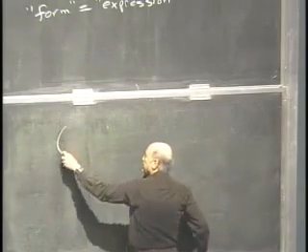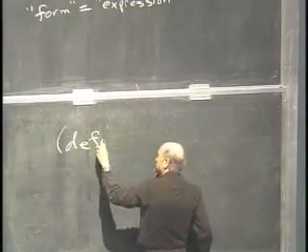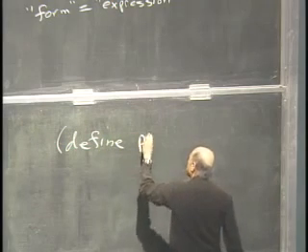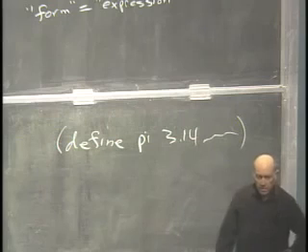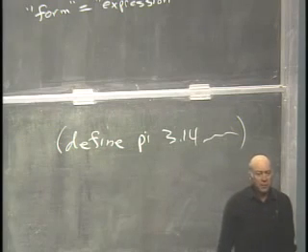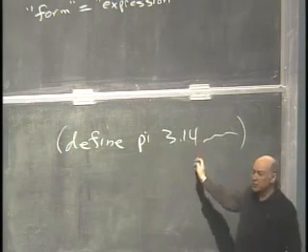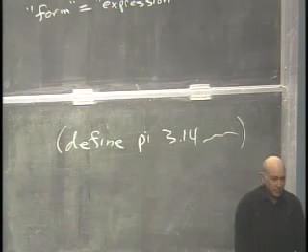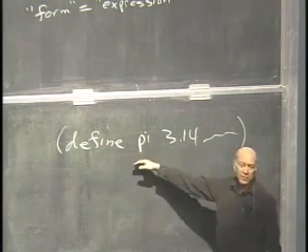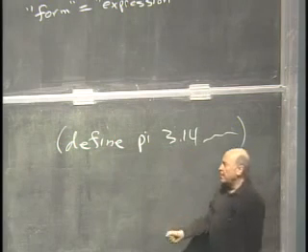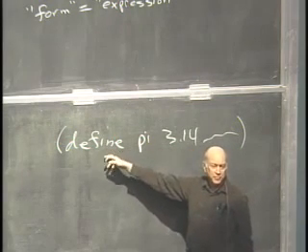Well, remember the other day I said define pi 3.14, etc. Okay? Suppose this expression were an ordinary expression. Well, the first thing we would do is try to evaluate all the subexpressions. So the value of define would presumably be the define procedure.